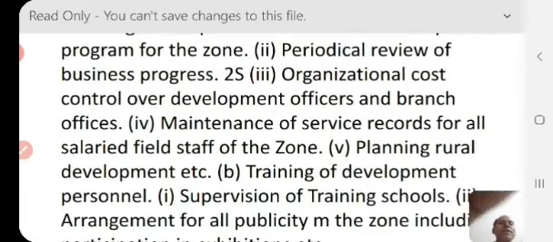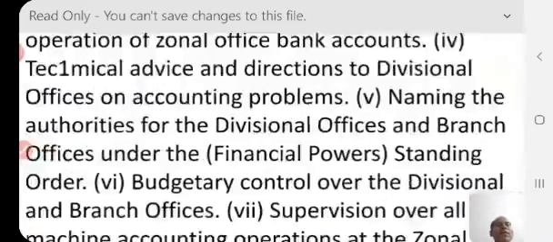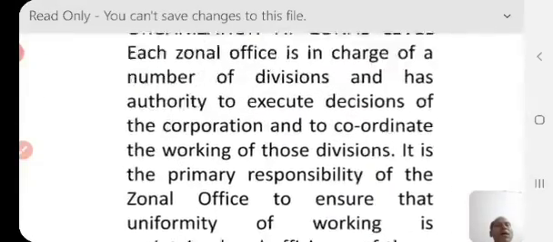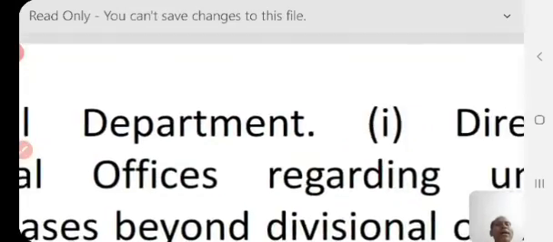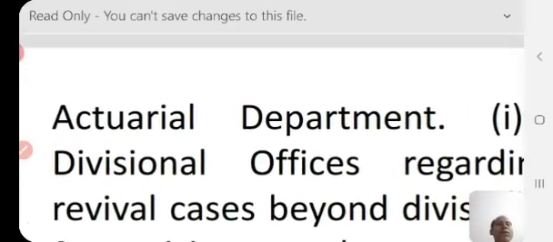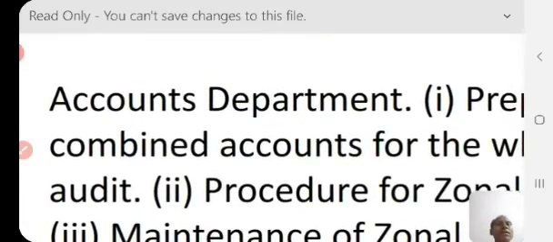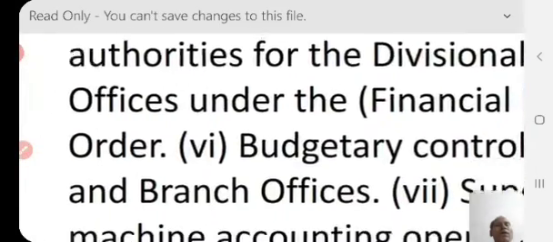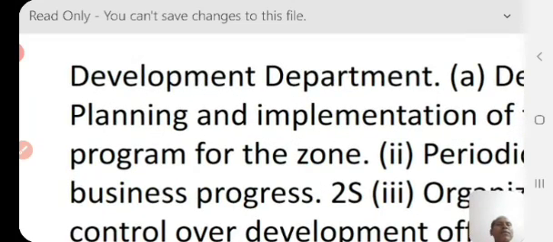So these are the functions of the zonal offices. Mainly here are the actuarial department, accounts department, and development department.